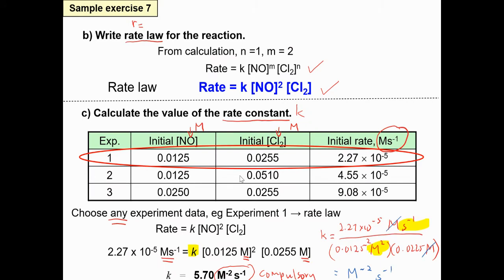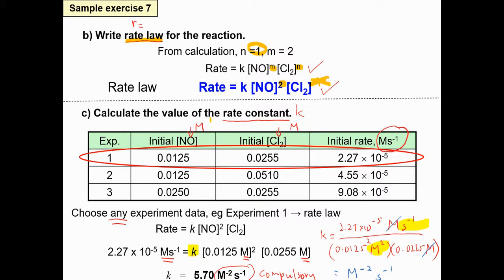Now next one, write the rate law. Writing the rate law is easy. We have found the order of reaction for nitrogen monoxide and chlorine, so we just substitute. As usual, 1 we do not write down in the rate law.